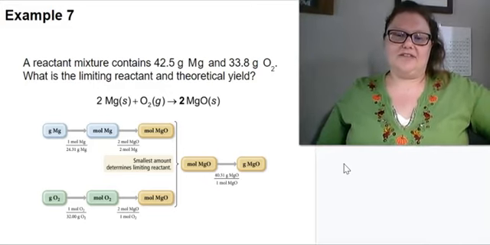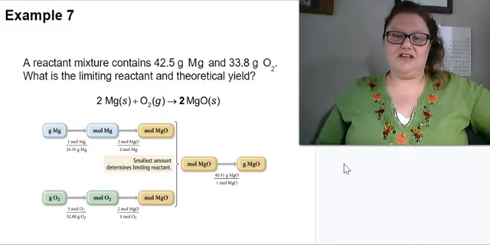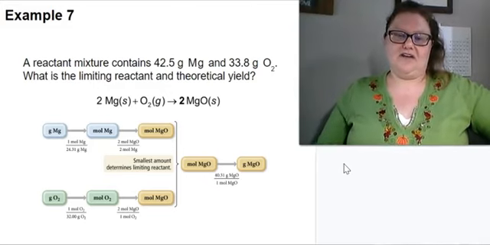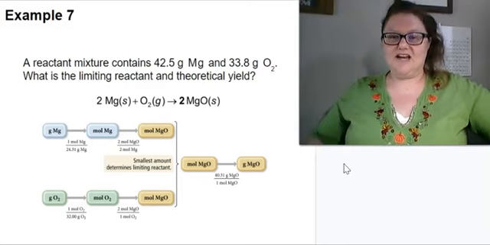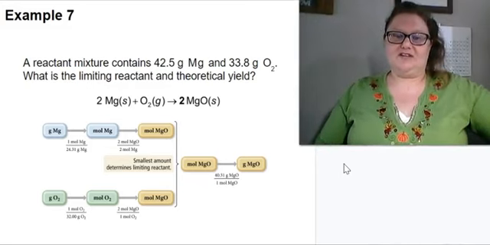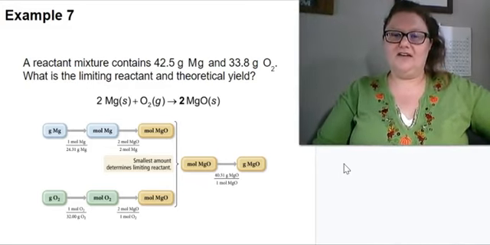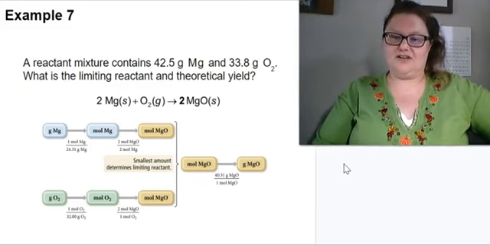And so what I like about this is the picture that's included. That shows up top calculating the theoretical yield of magnesium oxide, starting with the 42.5 grams of magnesium up there in blue. You would go that entire distance with that. Then you would do the same calculation on the bottom you see in green there for our 33.8 grams that we're starting with for oxygen.